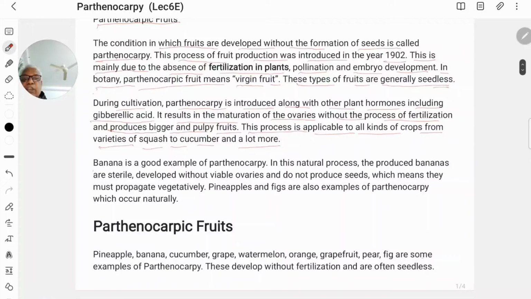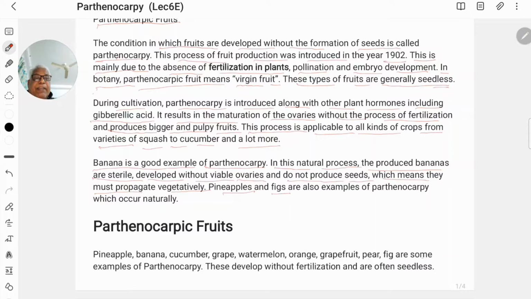And banana is a good example of parthenocarpy. In this natural process, the bananas are still developed without viable ovules and do not produce seeds, which means they must propagate vegetatively.